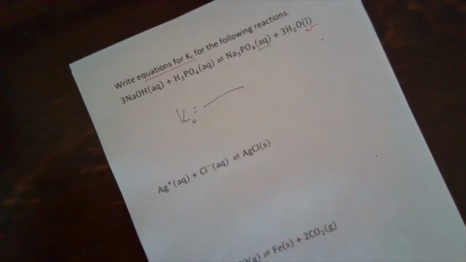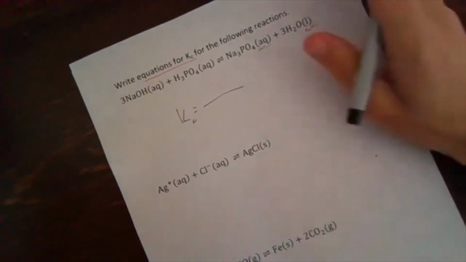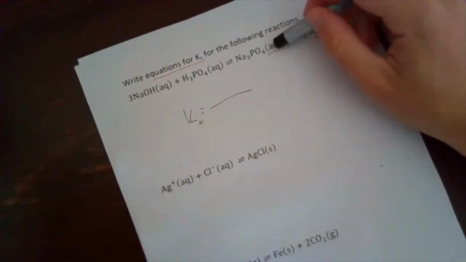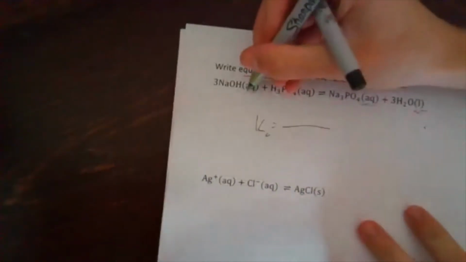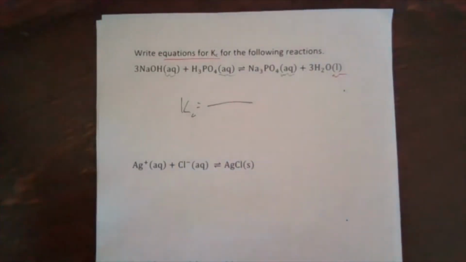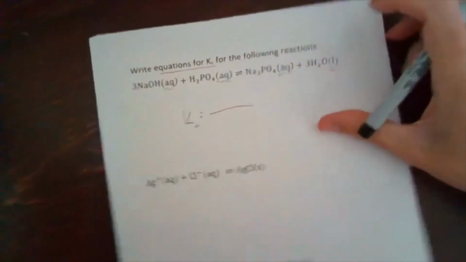Only things that are aqueous or gases are going to show up in my expression, because for liquids, the concentration doesn't change, right? The whole point of solutions is that you can change their concentration. That's why we spend so much time talking about solutions. They have a lot of utility. So everything that is aq is going to show up, but the liquid just doesn't appear.